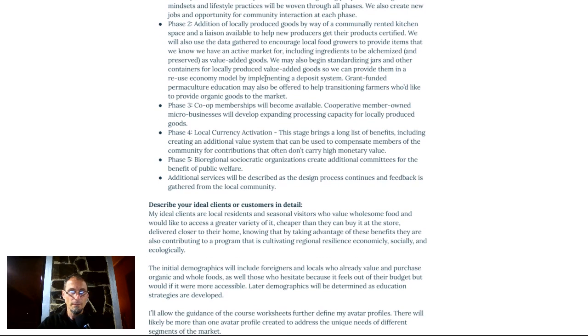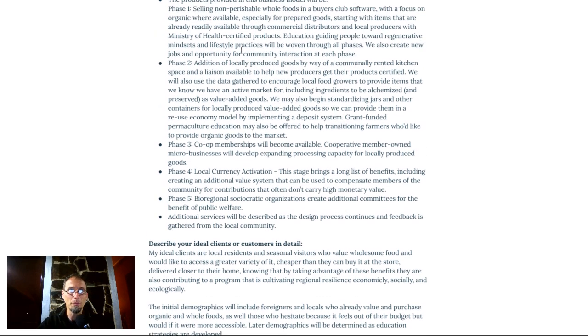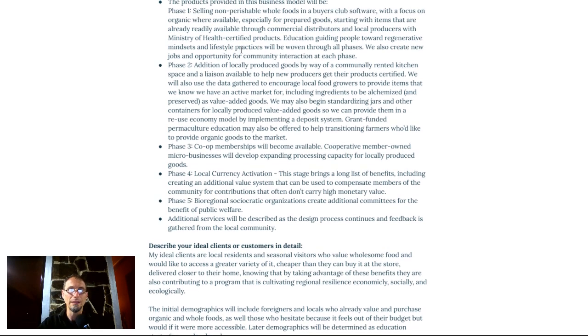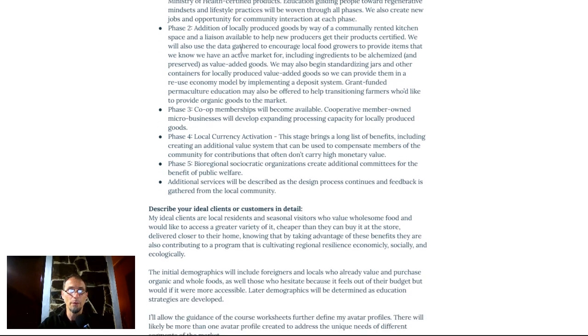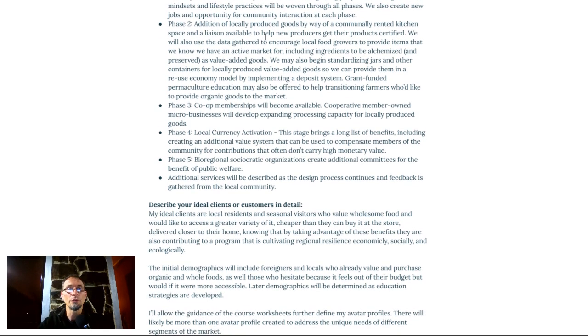Phase two, once the Buyers Club is established and we've begun collecting data points and getting some people already producing food locally on the network, then we're going to move into phase two, which is addition of locally produced goods to the directory of products by way of communally renting a kitchen space and having a liaison that helps new producers get their products certified.